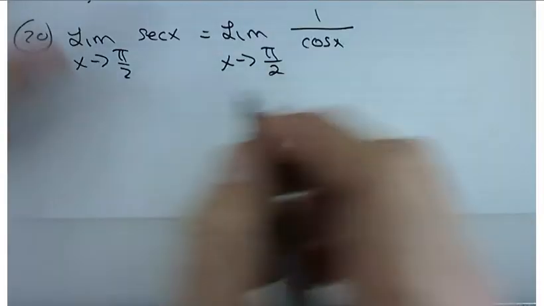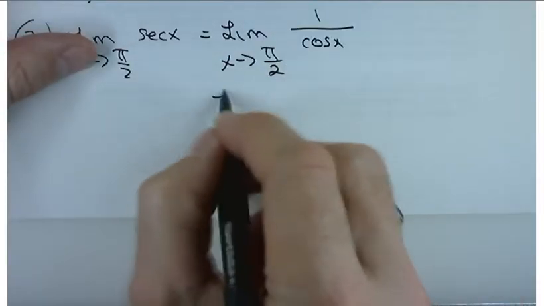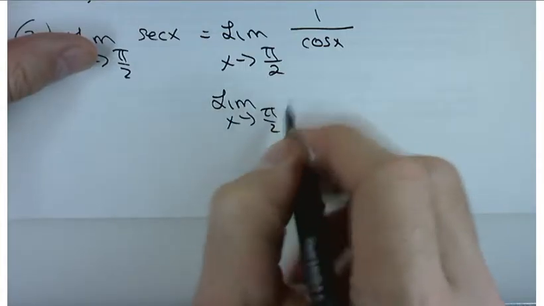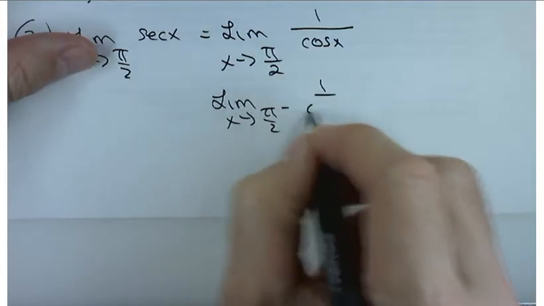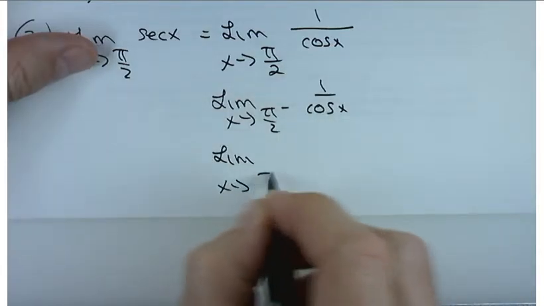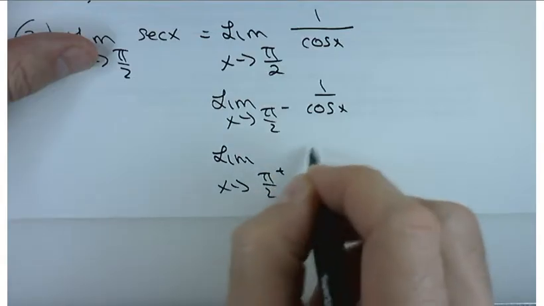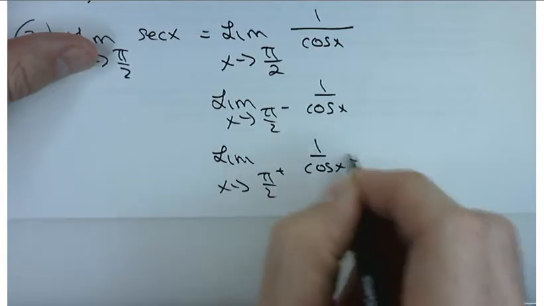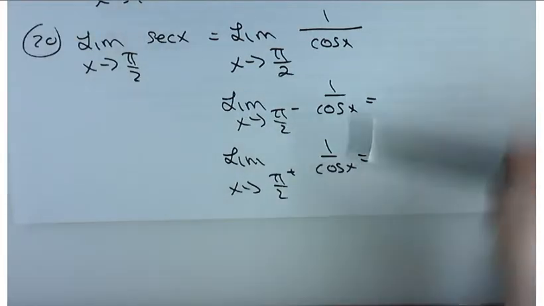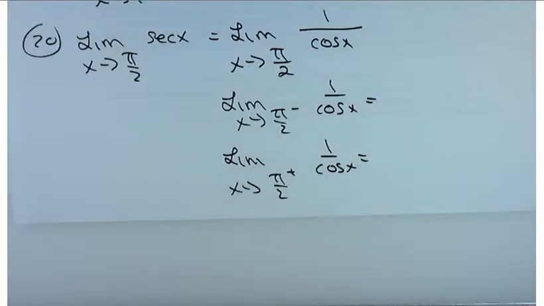Let's do the limit as x approaches pi over 2 from the left of 1 over cosine of x. Limit as x approaches pi over 2 from the right of 1 over cosine of x. And then we'll fill in that last one. So this is a nice progression. You've got the left-hand limit, the right-hand limit, and then the overall limit. So we'll do all three.